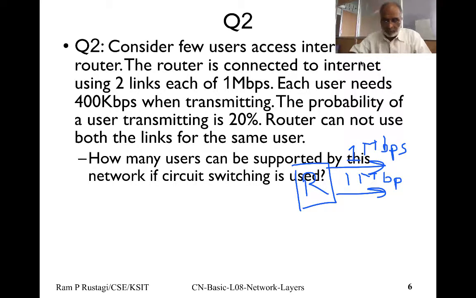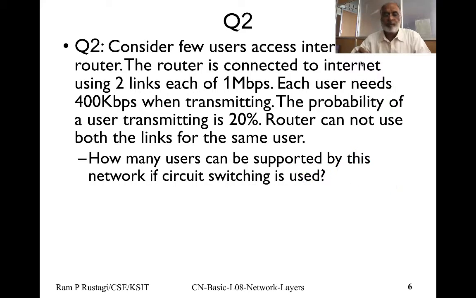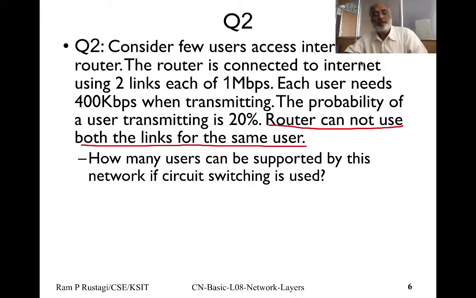So if you look at the case, we are also saying a user can transmit only on one link, and the router cannot use both the links for the same user. So the first question is, how many users can be supported by this network when circuit switching is used?